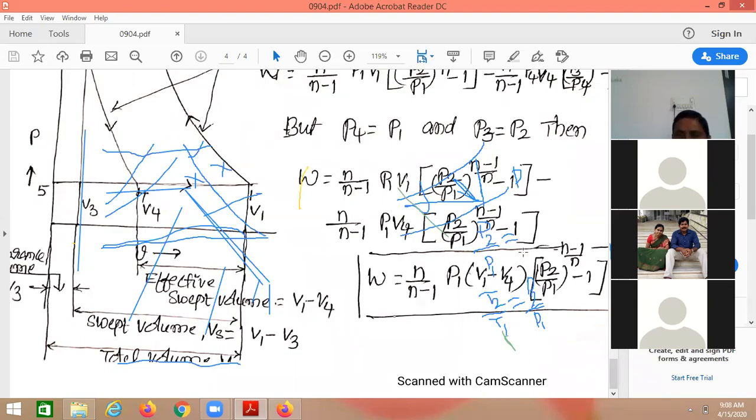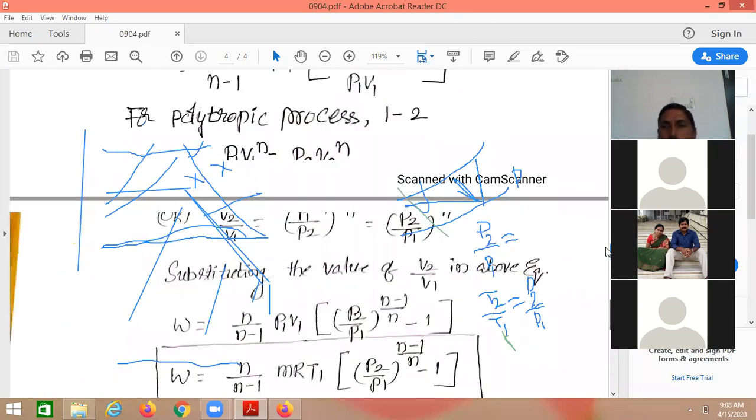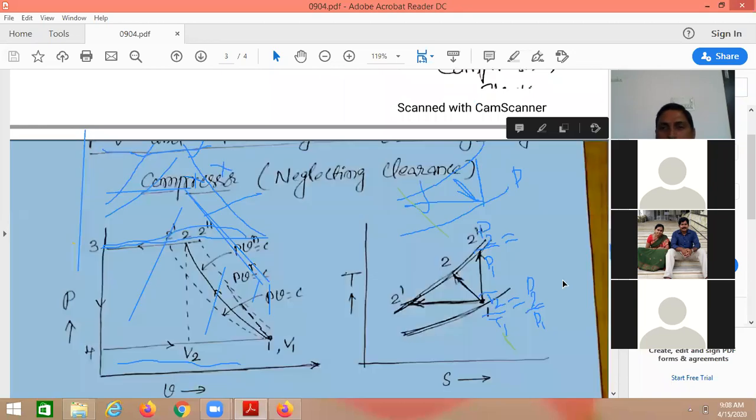Now there is the subtraction of volume when clearance is also considered. So that is what we have to understand. This is the compression work considering the clearance volume. Earlier, when the subtraction of V4 is not there, that means without the clearance volume, we had estimated the compression work. Is it understood?